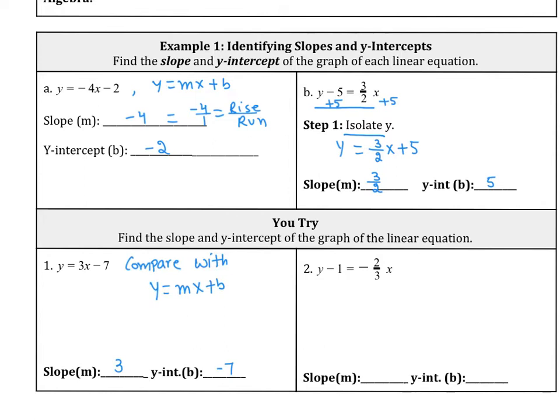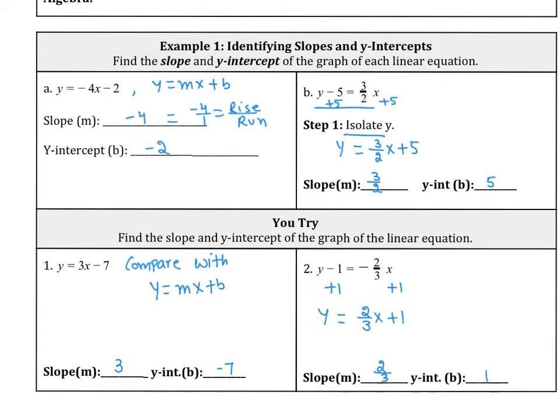For you, try problem number 1, y equals mx plus b. You compare it with the slope-intercept form, where 3 is going to be your slope and -7 is going to be your y-intercept. For number 2, y minus 1 equals -2/3x. So y is not isolated yet, so we're going to add 1 on both sides.